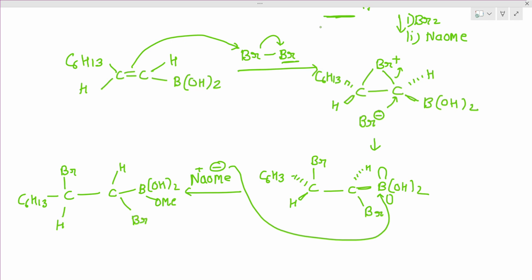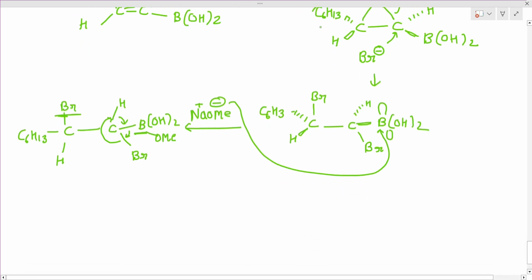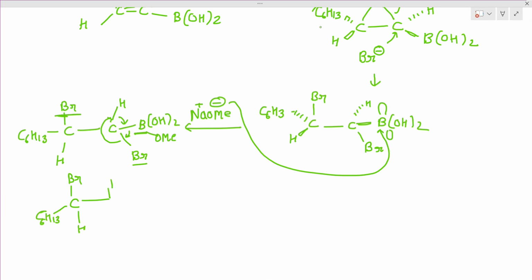Now see here. We have to do the anti-elimination now. So what you will do, this Br and this boron group should be anti to each other. So we will have to rotate the bonds again. In this manner you will rotate the bonds. So you are getting C Br, C6H13, hydrogen. See here, this bromine will go upward side and this hydrogen will move here.